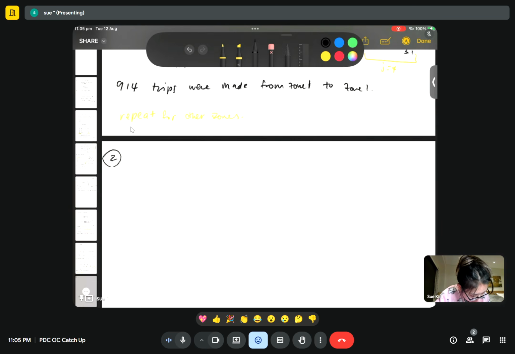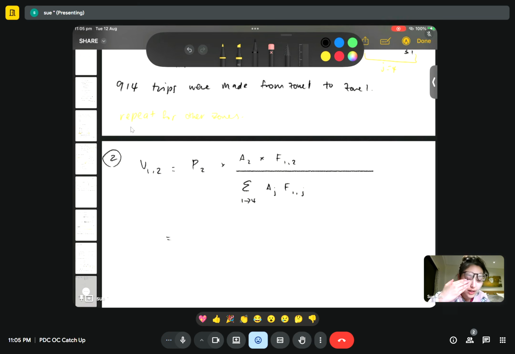So V12 equals, okay, like that. Now obviously this might seem repetitive, if I have to do the same equation 4 times, but you'll see that it's actually not that hard because it kind of overlaps.